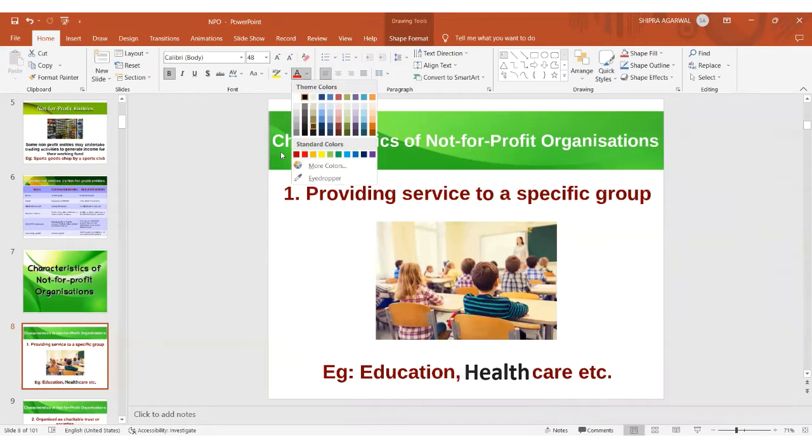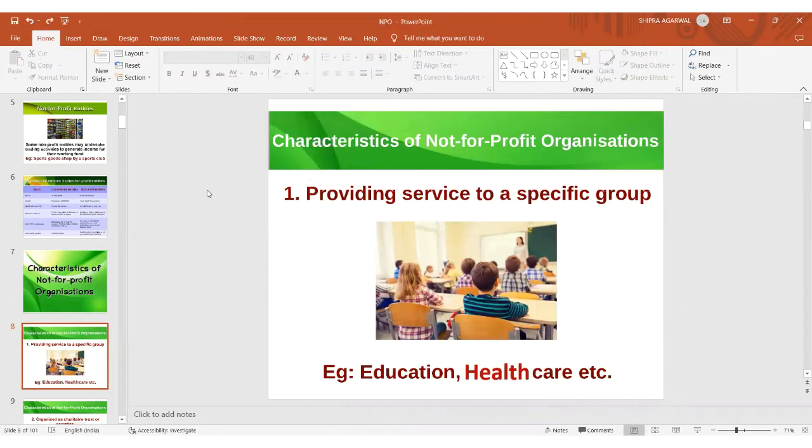Yes, ma'am. Okay, fine. So whenever we are talking about these non-profit organizations, as I told you, their basic objective is to provide services to a specific group, and that specific group could be maybe the members of the organization, like in case of a club I told you, or maybe the general public, like in case of healthcare services, the hospitals.